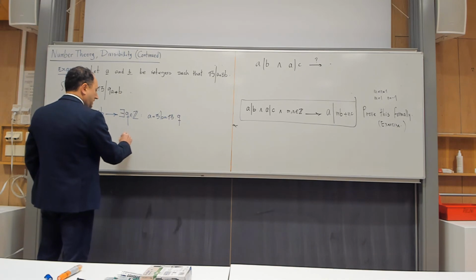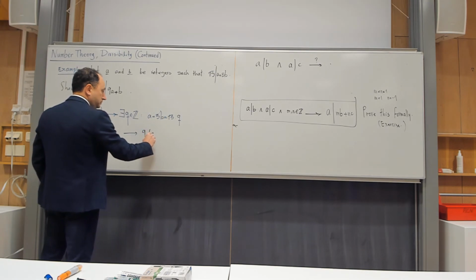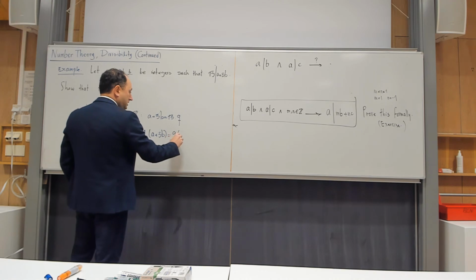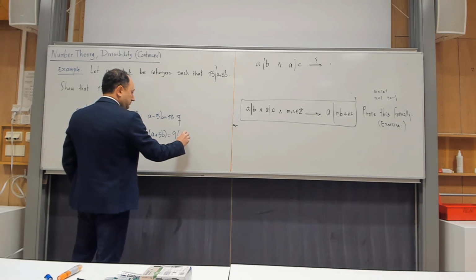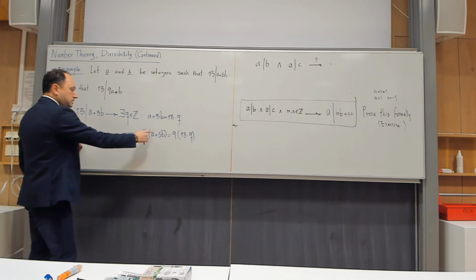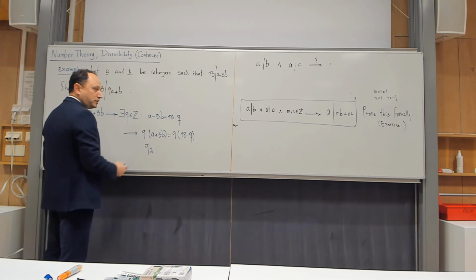If this number is equal to that number, it is guaranteed that 9 times this number is also equal to 9 times that number. But when I multiply 9 in, it's inevitable that I have to multiply this one here as well.